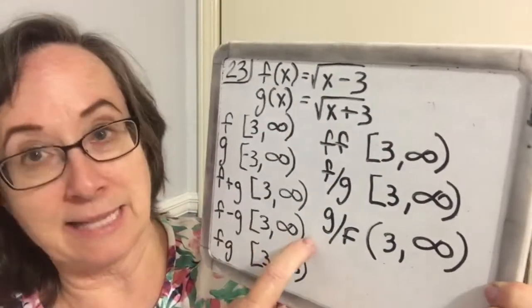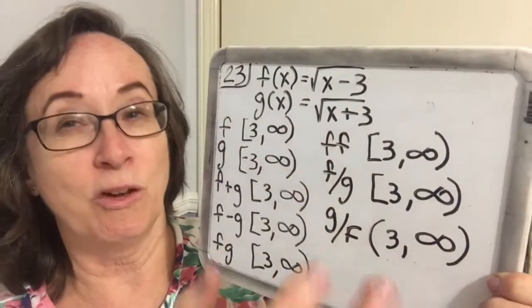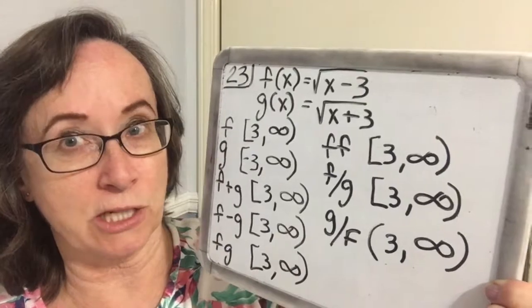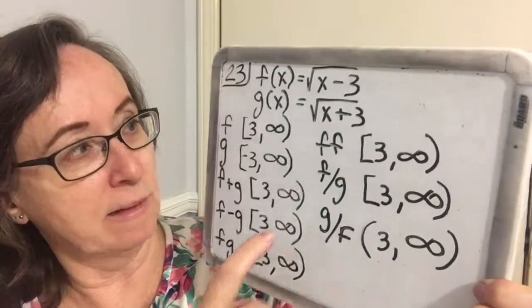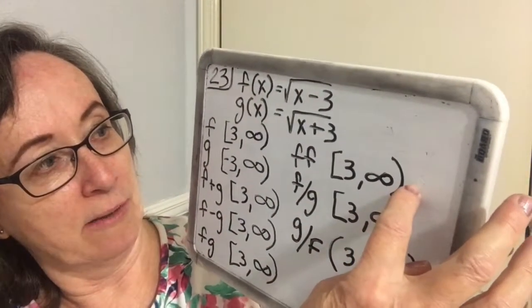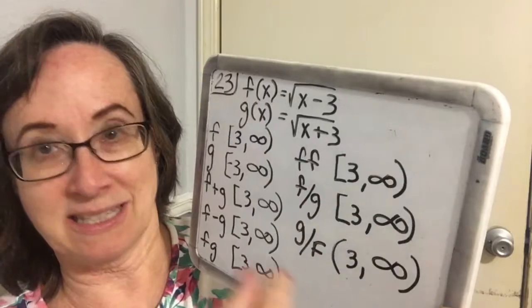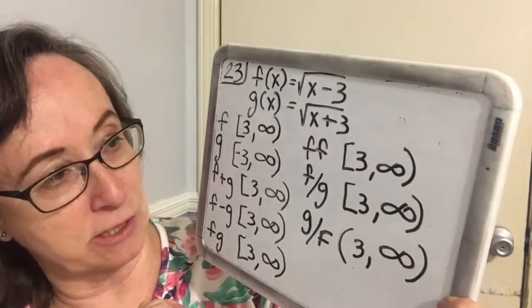The difference has a domain that is the same as the f function, the one with more restrictions. And the product has a domain the same as the f function. This is the f function times itself, so it has the same domain as the f function.